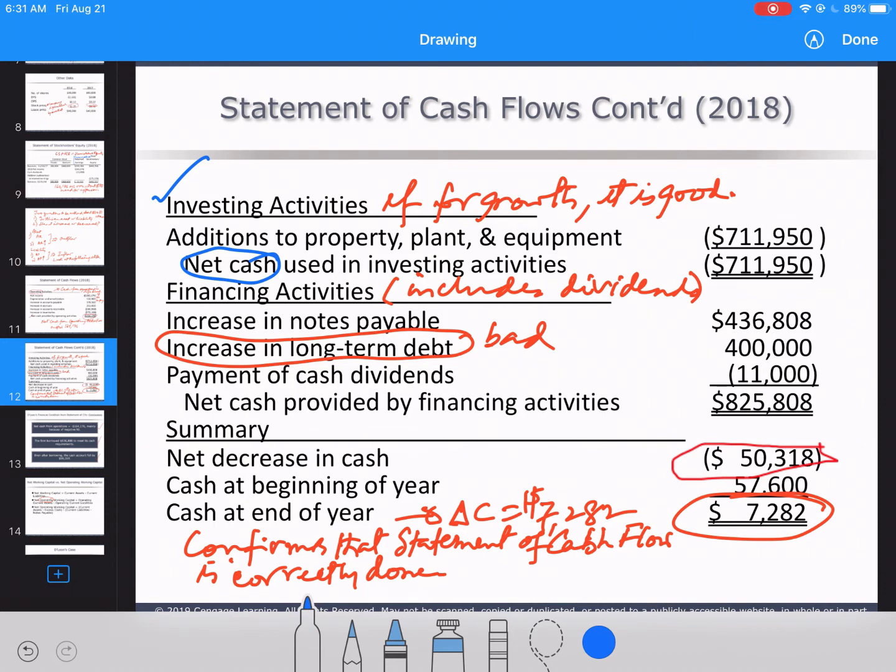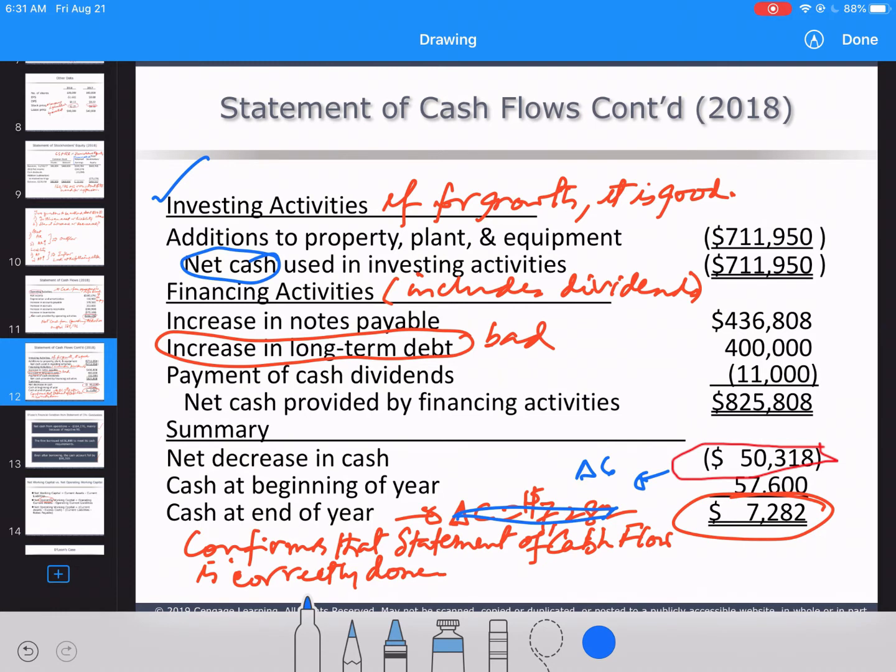So you see that you have cash at the beginning of 57.6, at the end 72.82. The change in cash, this 72 from 57,600, is the net decrease in cash. This is the change in cash, and not this one. So the change in cash is this one, and that is exactly what you saw at the beginning.